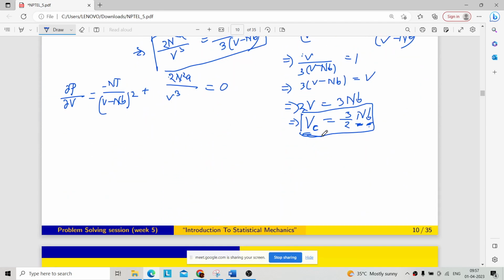Now I have VC, so I can put this in this equation, then I'll get some constant value in terms of T. So let's do this. This is NT, V is 3 by 2 NB.